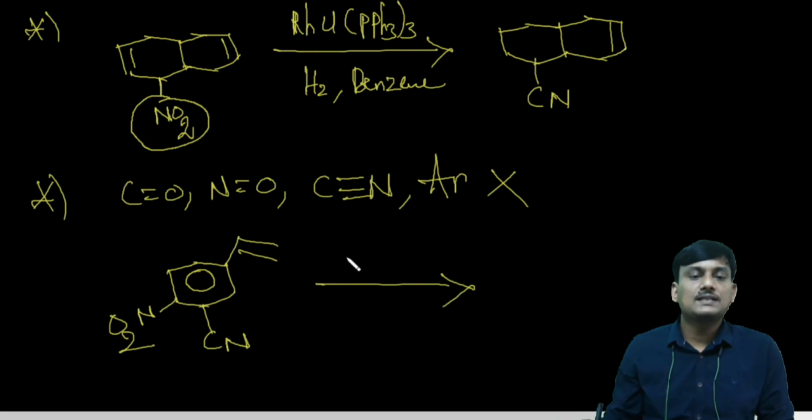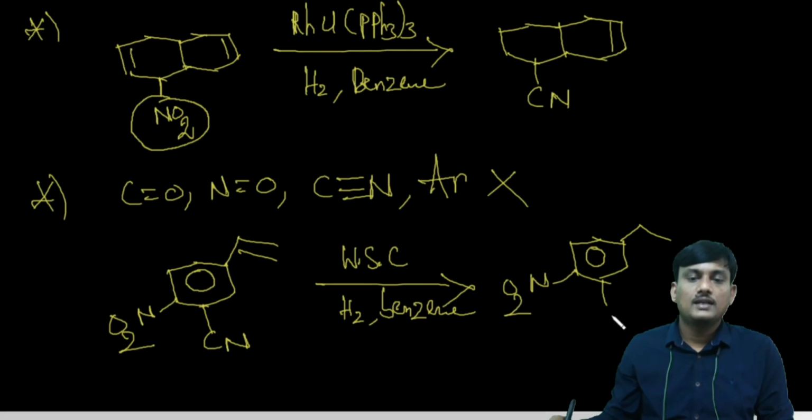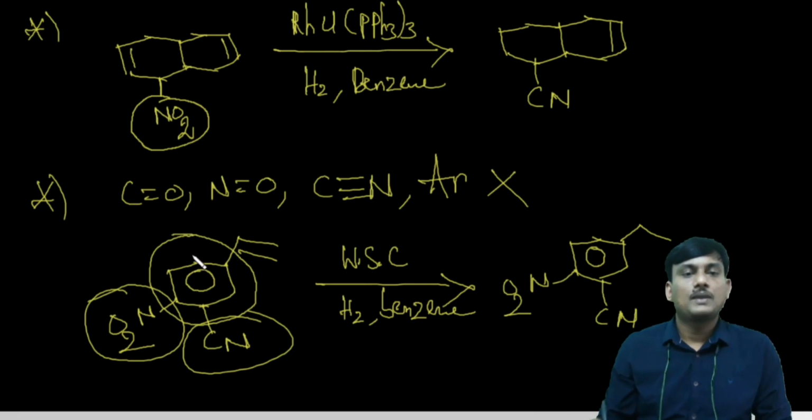In presence of Wilkinson's catalyst and hydrogen, with benzene as solvent, only the C=C will be reduced. The remaining functional groups will not be reduced. So you will get NO2 and CN intact; these and the benzene ring will not be reduced by Wilkinson's catalyst.